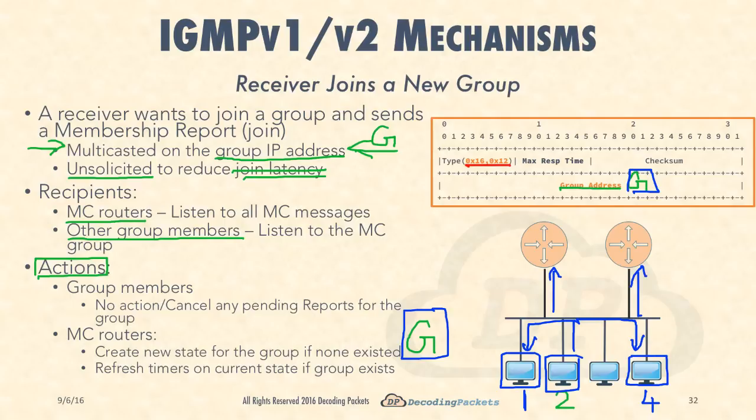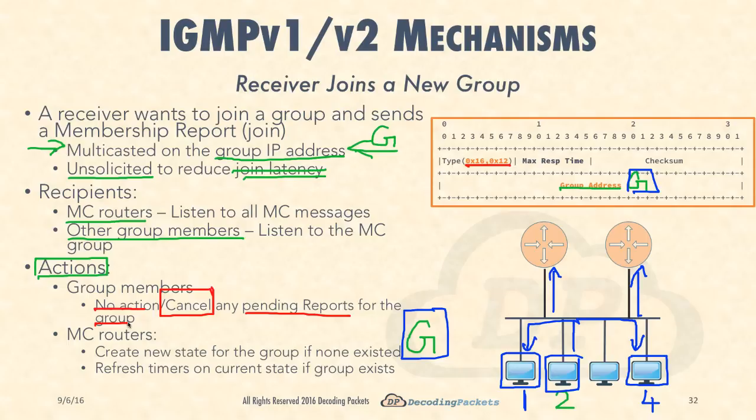From the group members, what can happen, and we will get more into this, is there is something called pending reports. These pending reports are in response to the membership queries, the queries that the router is sending. Anyway, the point here is either these members take no action at all, or they cancel any pending reports for the group only.